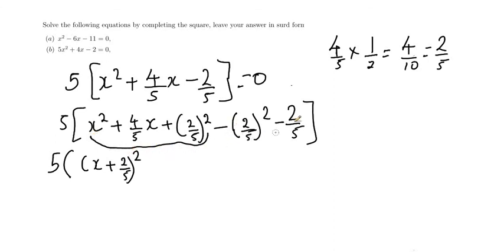Next thing, we just deal with these remaining constants. So we're going to say minus, when we square this one, we're going to have 4 over 25 minus 2 over 5, is equal to 0.